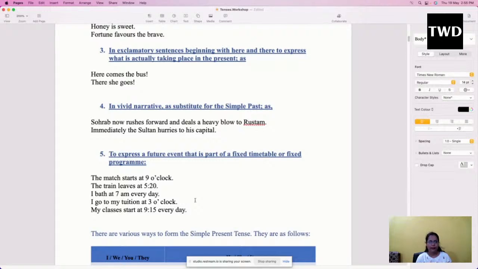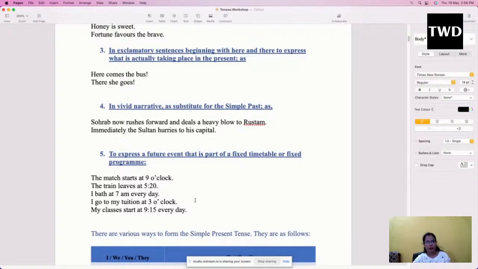Then try to think about all the actions which begin at a fixed timetable, maybe some serial you are watching like a soap, some classes you are attending, or so many kinds of things, they have a fixed timetable. Please try to think about it and then write and also talk about it.